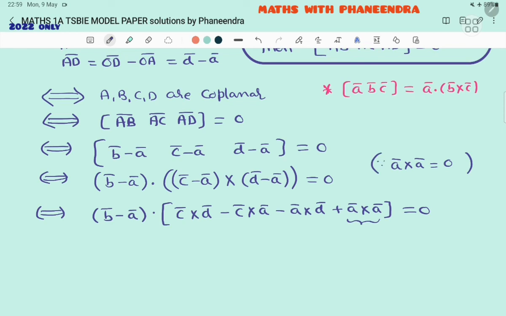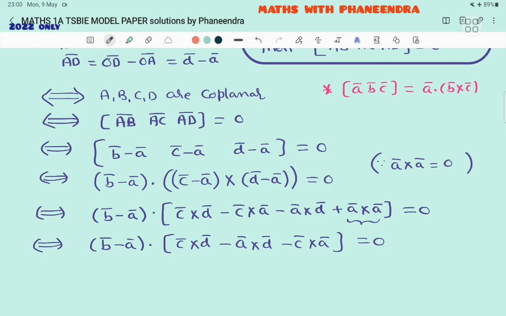So in the next step, this value goes to 0. Next, B bar minus A bar dot C bar cross D bar minus A bar cross D bar, minus C bar cross A bar, and that value is 0. In the next step, each and every term you have to multiply.